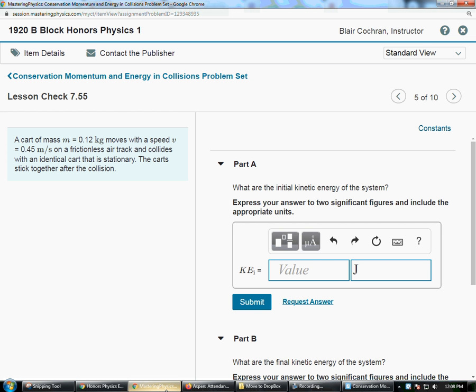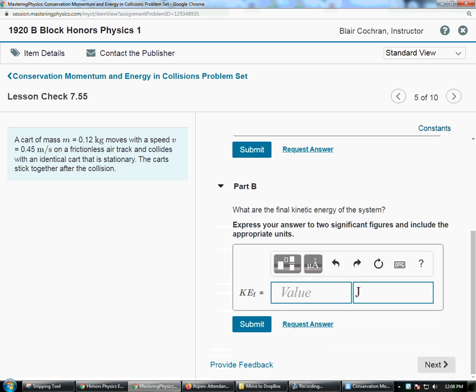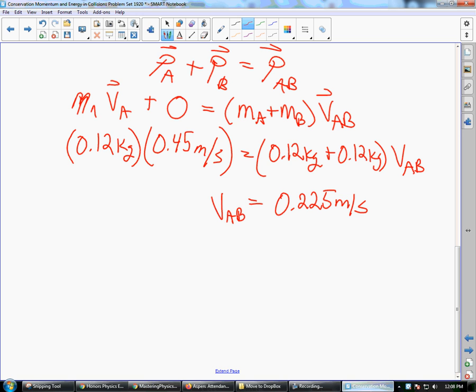They want to know what's the initial kinetic energy and what's the final kinetic energy. So we need to use our kinetic energy and look at it beforehand.